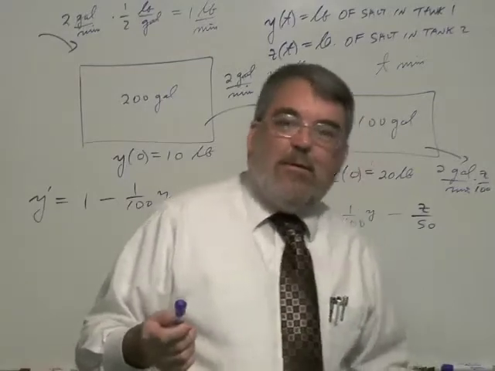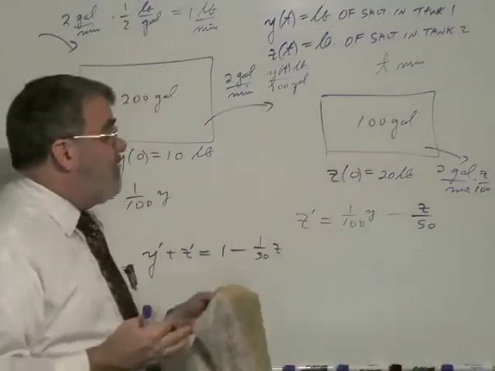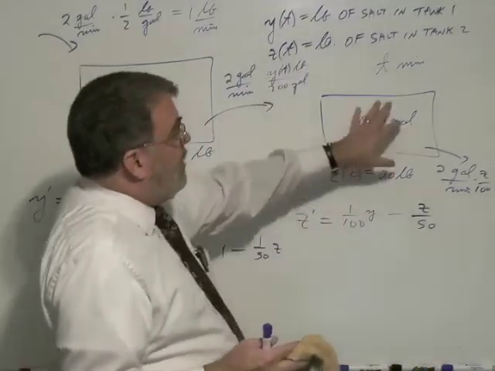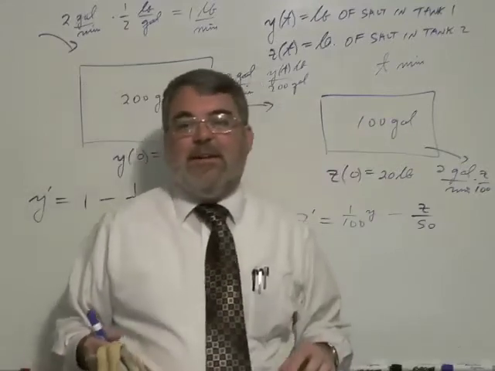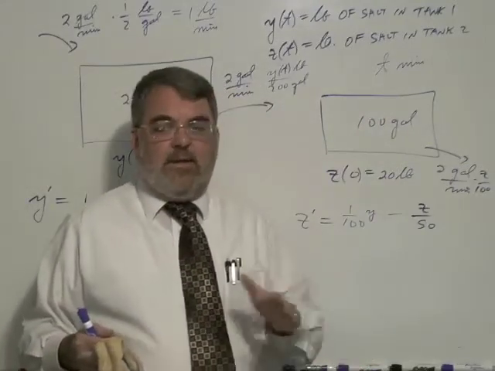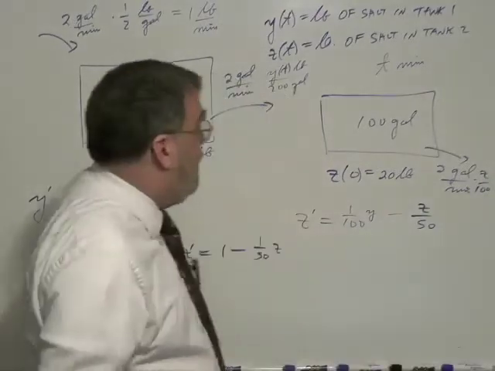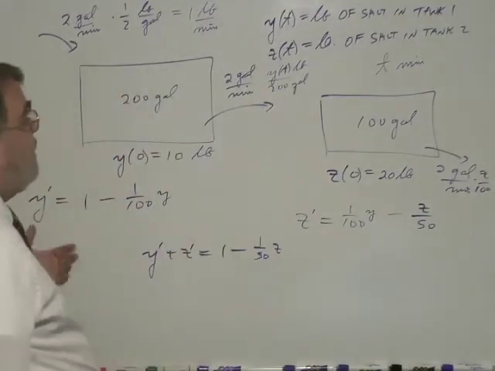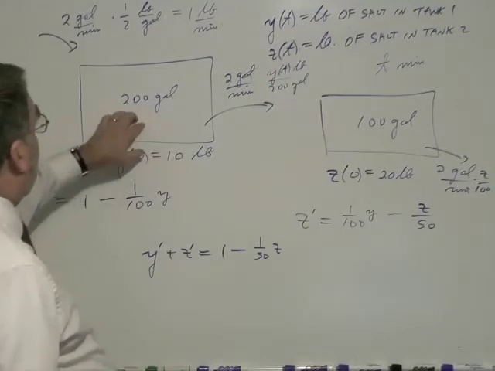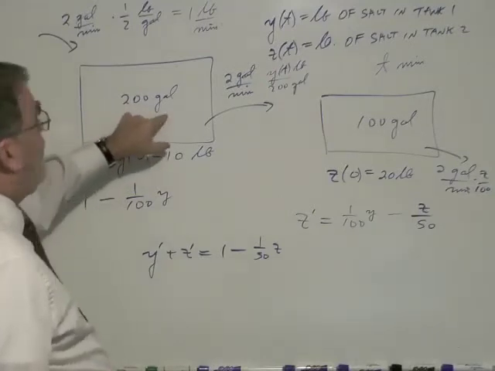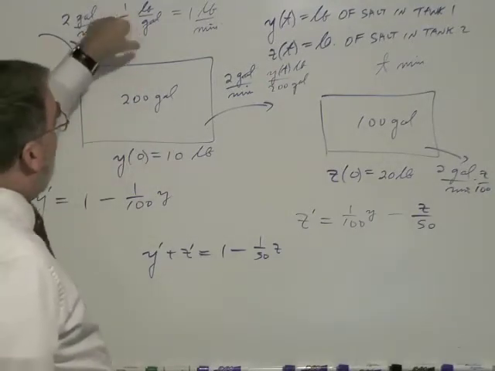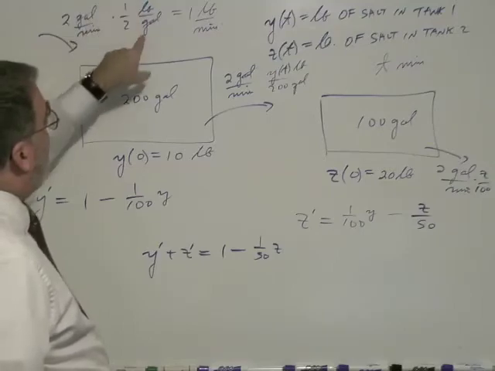My ultimate goal in this problem, if I failed to mention it, is I want to know the amount of salt in the second tank at time t. I think that equation is going to be kind of interesting. For example, when you look at the end game here, eventually this tank is going to contain 100 pounds of salt, because the water is flowing in at 1 pound every 2 gallons.